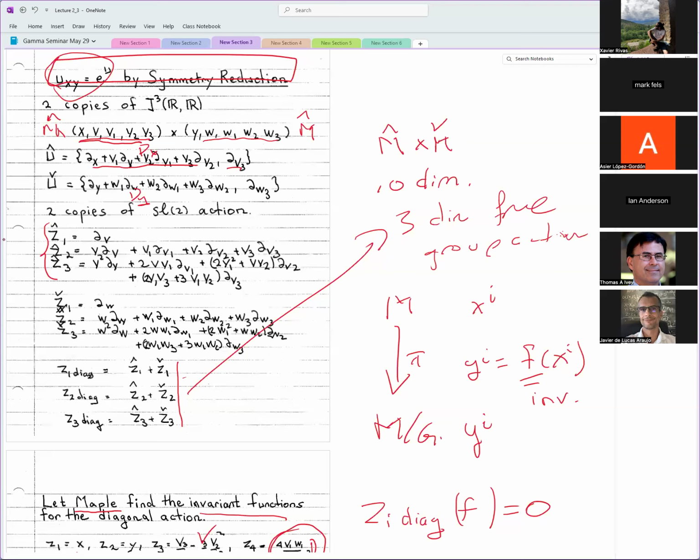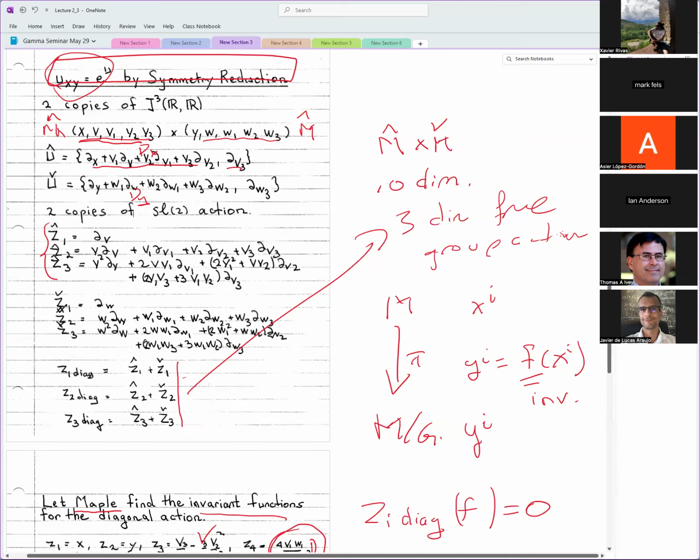These were invariant distributions. Because my group action is free, I can always find an invariant basis of vector fields. I can always find a basis for u hat and u check consisting of invariant vector fields. And one of those invariant vector fields will be my total derivative operator, which I'll use to generate.